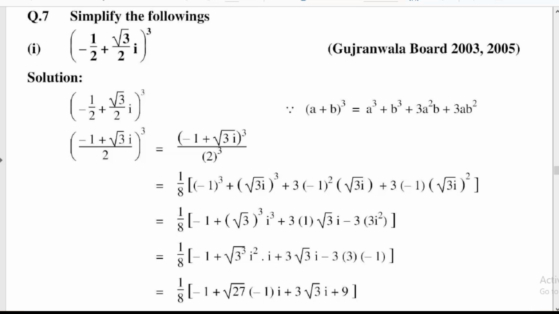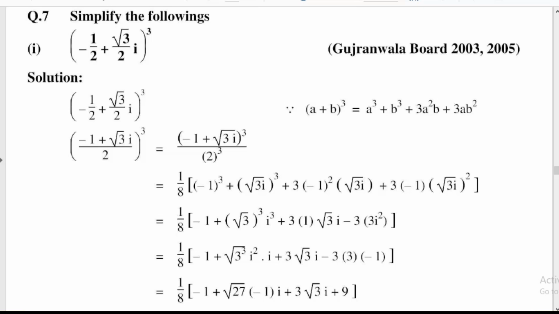So (-1) whole cube, that is an odd power, so equal to -1, plus (√3 i) cubed, plus 3 and (-1) whole power 2 is equal to plus 1, into √3 i, minus 3 into 3 i square.